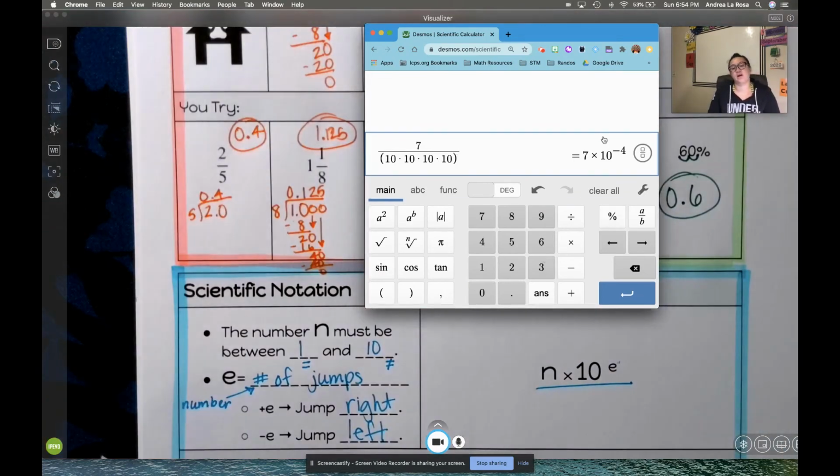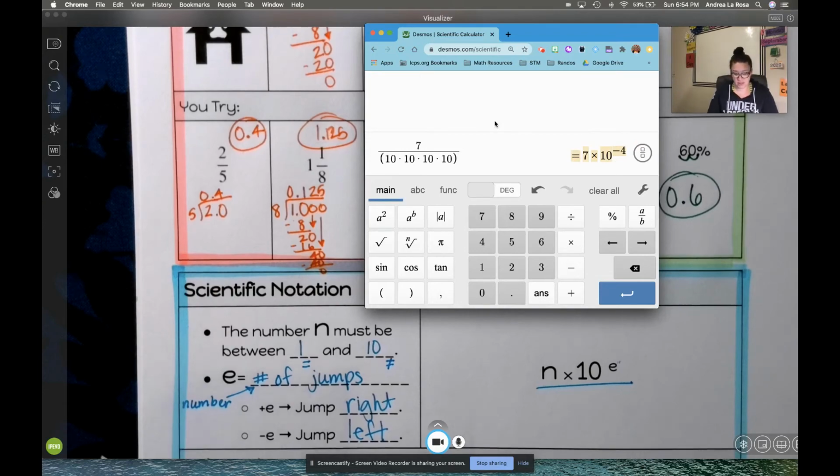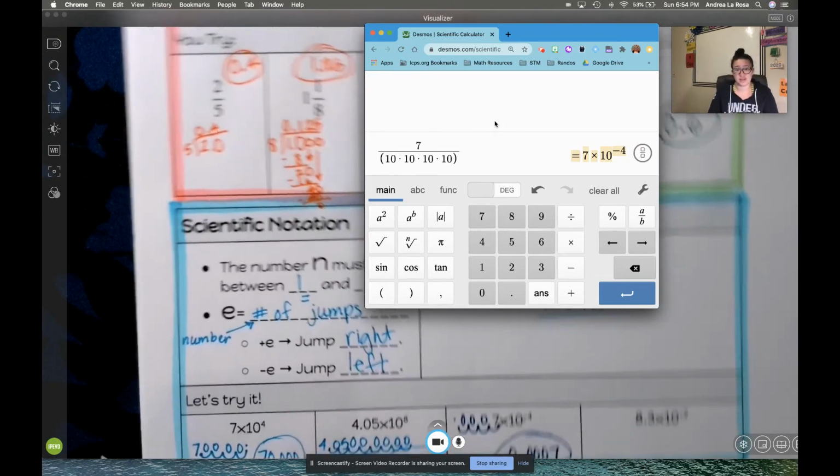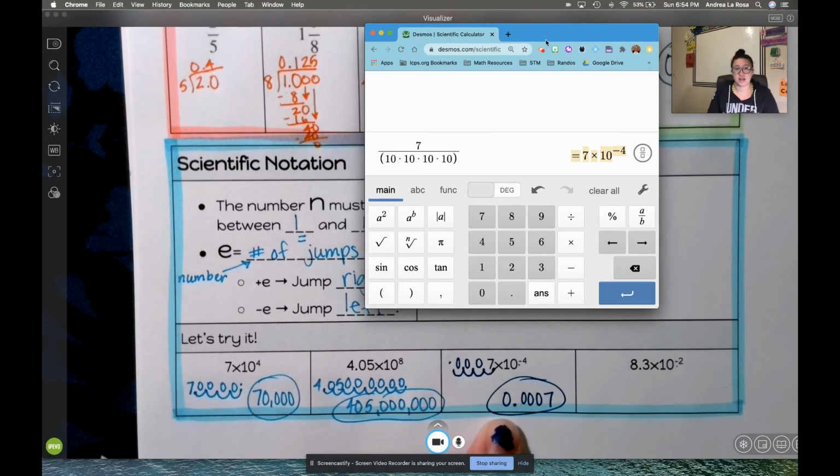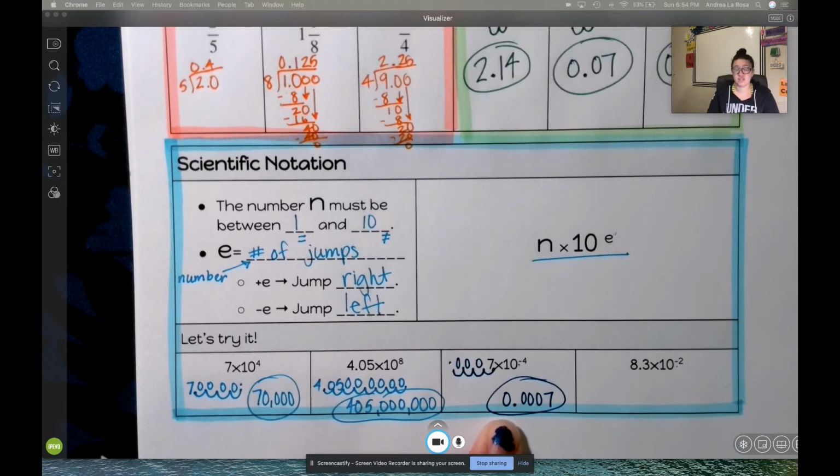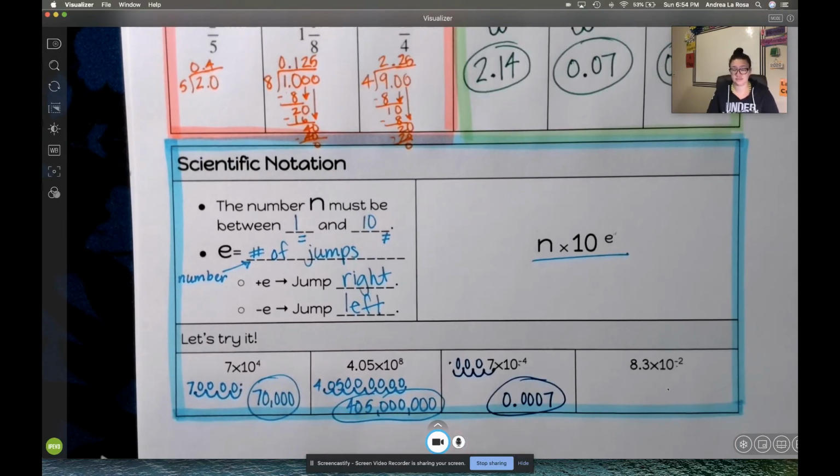And what do I see? Oh, it gives me that number in scientific notation. So again, you're going to have to do the paper and pencil way because it's not going to work on Desmos. Sorry about that. At least we found out together.